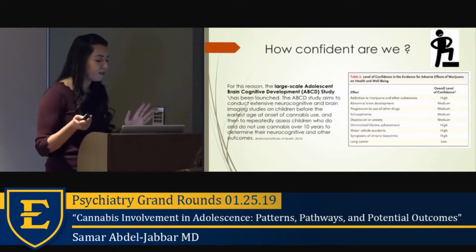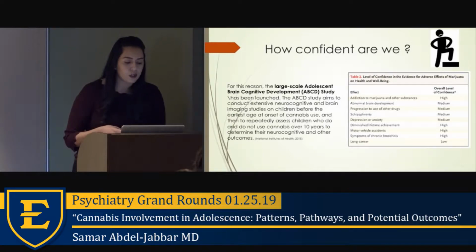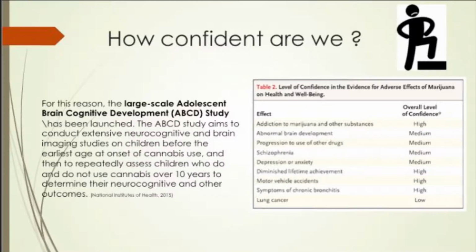So the literature is really confusing out there. So how confident are we? According to the New England Journal of Medicine in 2014, Nora Volkow and her team released a review article of the adverse effects of marijuana, and they reported this right here. In her article, she didn't mention what she means by high, medium and low.